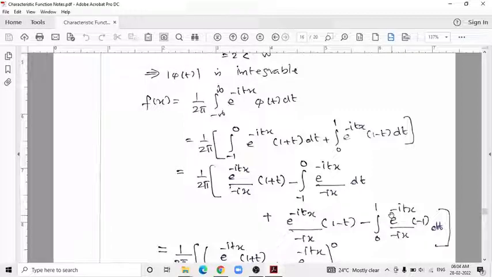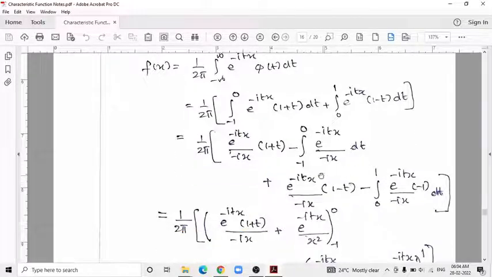So this is the equation we get using integration by parts. So the two terms are for integral minus 1 to 0 of e raised to minus itx (1 plus t) dt, and the next two terms are for the integration by parts of integral 0 to 1 of e raised to minus itx (1 minus t) dt.